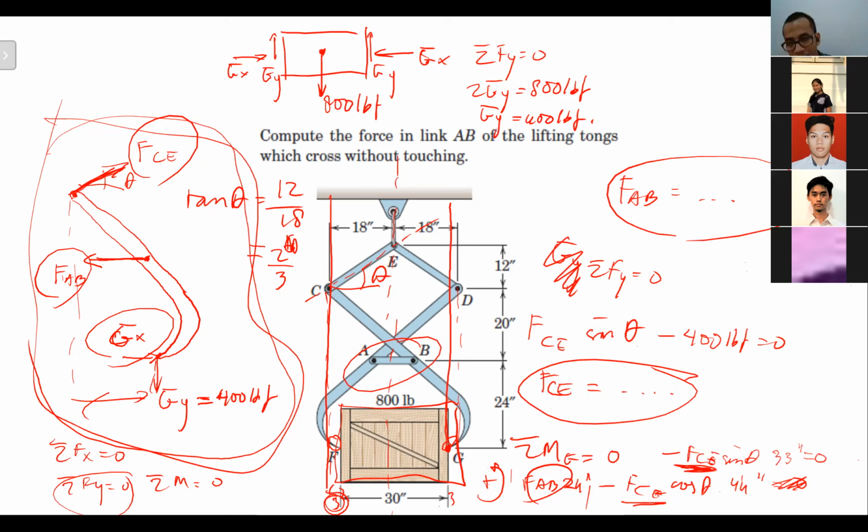So there will be 3 variables in one equation, so you cannot solve it directly. That's why from the beginning, I try to solve it using sigma Fy.